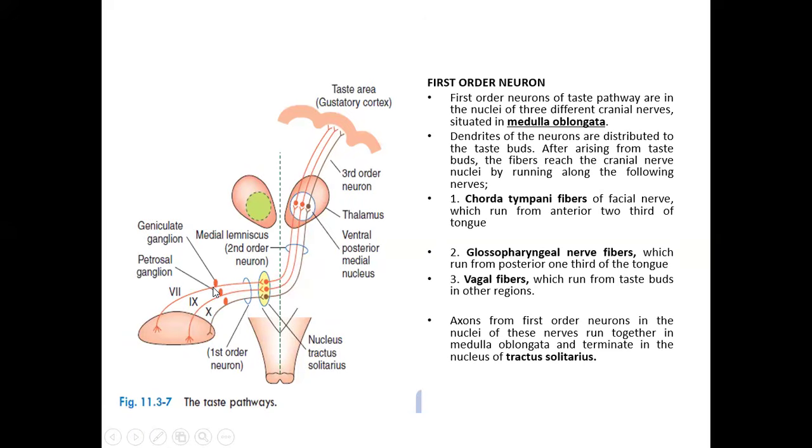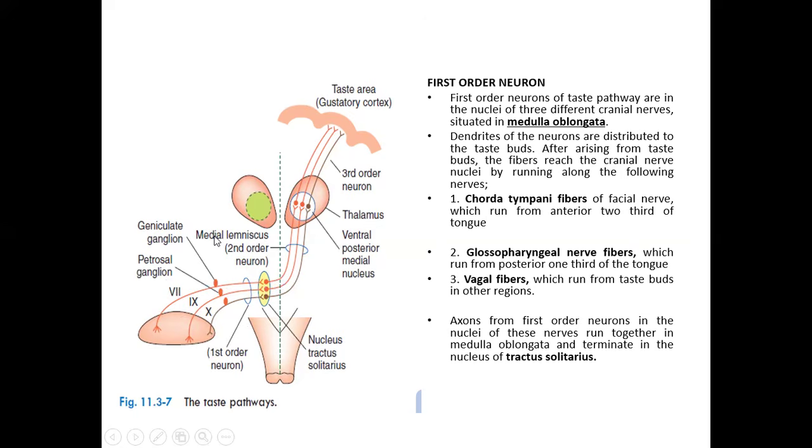Then there is a synapse between the first and second order neurons, formed in the nucleus of the tractus solitarius. We're going to find the geniculate ganglion, petrosal ganglion, all these there. So as you move, you go from the first to the second order neuron.